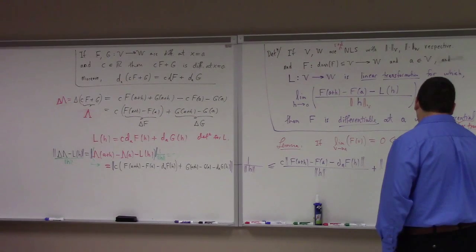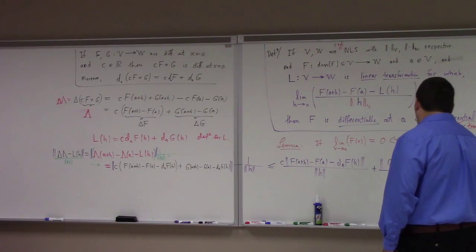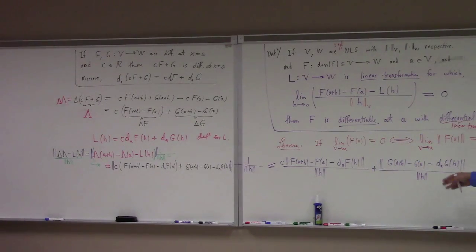I was starting to doubt myself because I thought having the thing I'm writing right now going to 0 wouldn't suffice to prove what I want, but actually it does. So as h goes to 0, we have both of these things going to 0. Why? Because we assumed that f was differentiable and we assumed that g was differentiable.